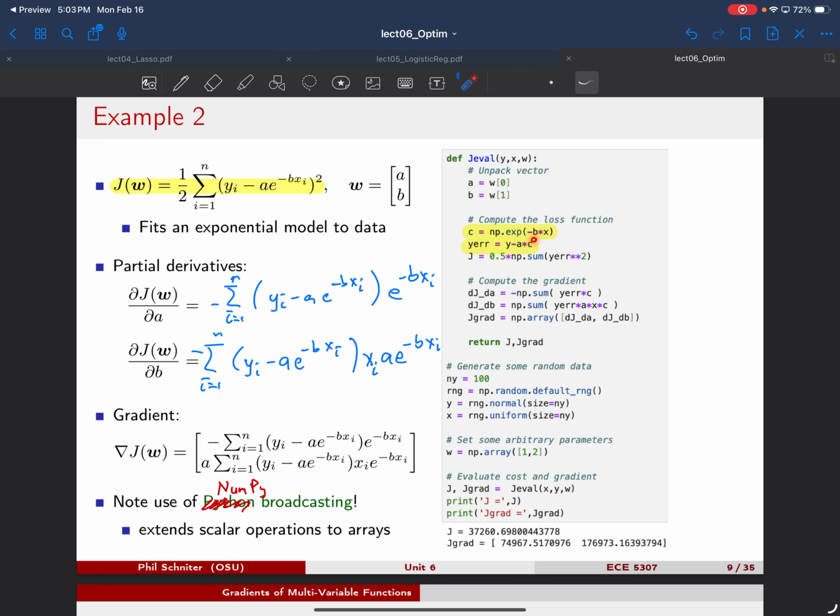But when we're doing this, B times X, NumPy is smart enough to take the scalar B and multiply it against every element in X. And then, let's see, C is going to be a vector. I'm looking for another example. Oh, okay, let's look at this. So Y_air is a vector, and here we're taking it to a power. We're squaring it. So NumPy is smart enough to square every element, right?